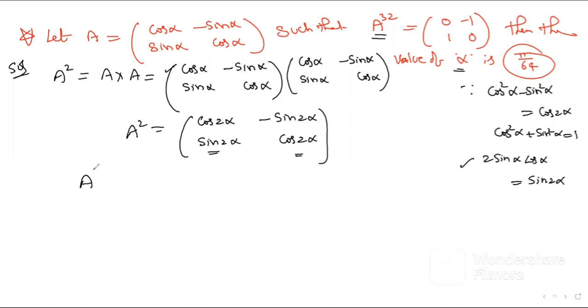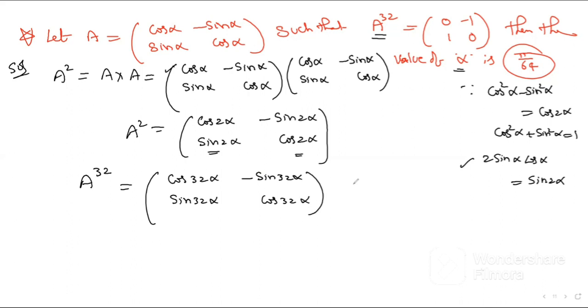Similarly, the A to the power 32 value is [cos 32 alpha, -sin 32 alpha; sin 32 alpha, cos 32 alpha]. But here what is given? [0, -1; 1, 0] is given. Now these two matrices are equal matrices.